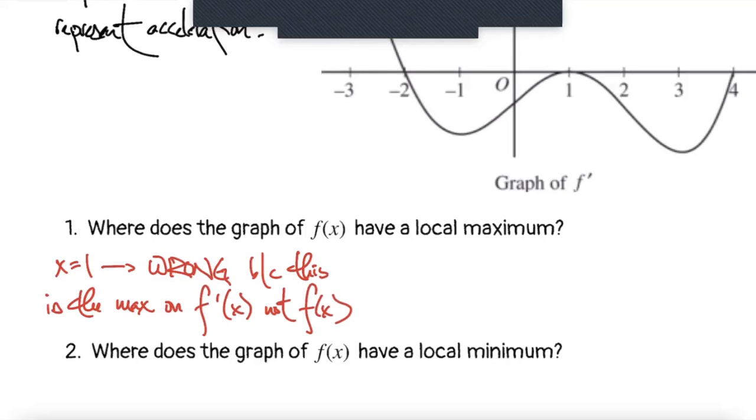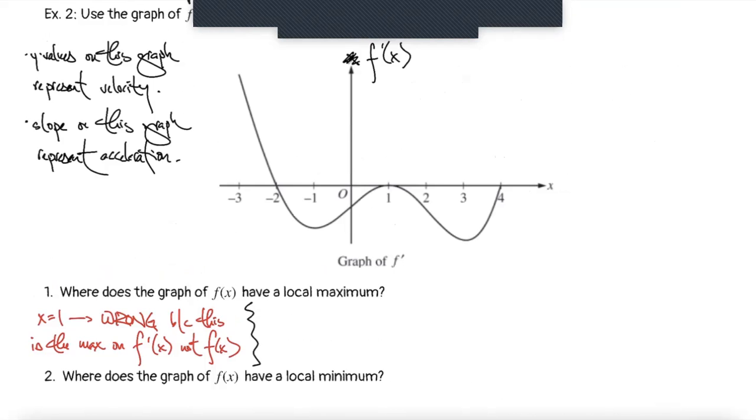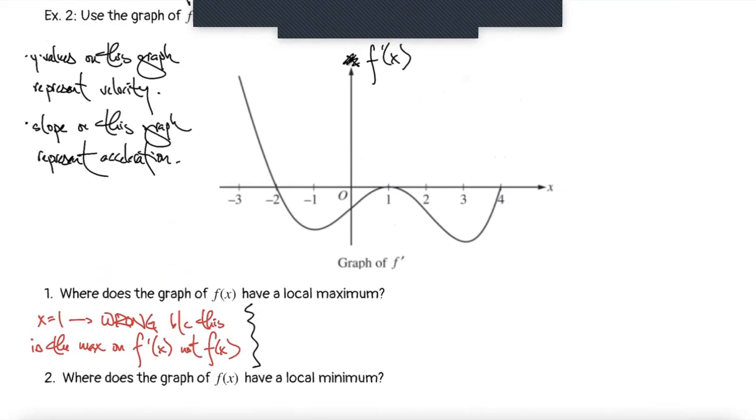Meaning you found the maximum of the velocity graph, not the maximum of the position graph. Okay. So how might I be able to tell where we have a local maximum on the original graph?